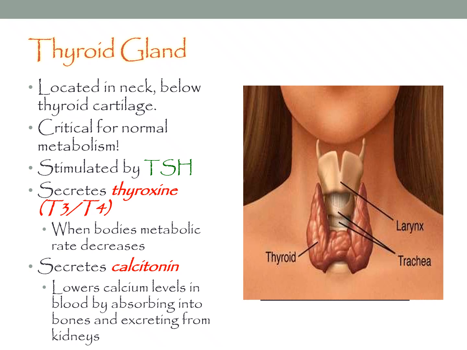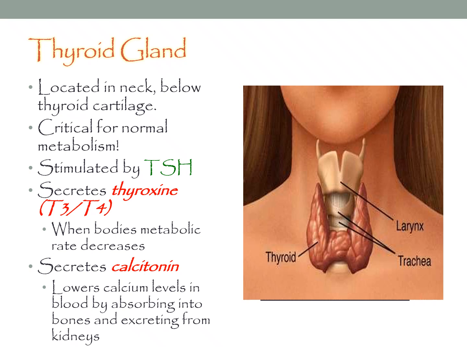You'll see here that it says that the thyroid gland is stimulated by TSH. Does anybody remember where we just saw TSH? That's right, from the anterior pituitary. TSH is thyroid stimulating hormone. Remember, the anterior pituitary creates and secretes multiple other hormones that go speak to other glands.